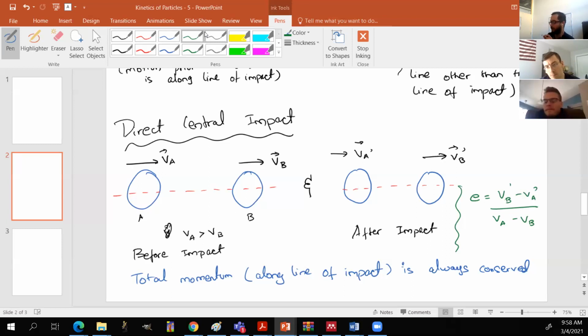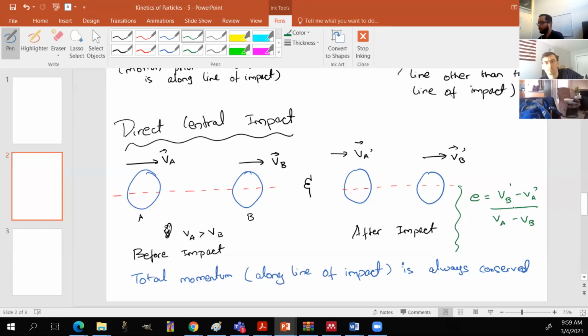Your linear momentum would still be conserved, but when you conserve it, you have to take care of the signs. So it would become MA VA minus MB VB, and after impact, if you don't know the outcome, you treat them as unknowns, equal to MA VA prime plus MB VB prime, assuming that both of the velocities are positive.